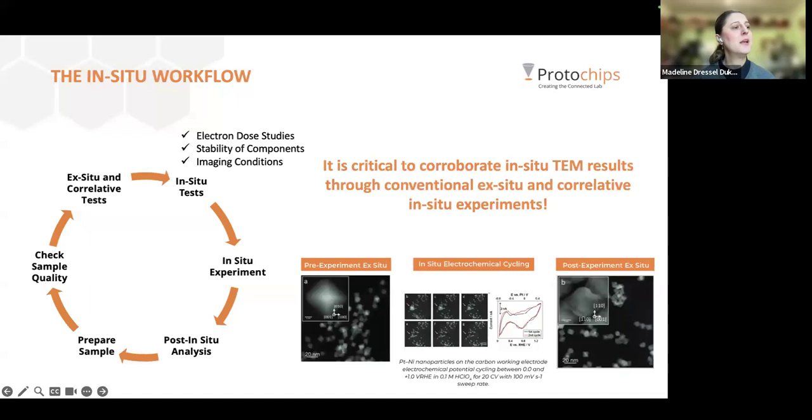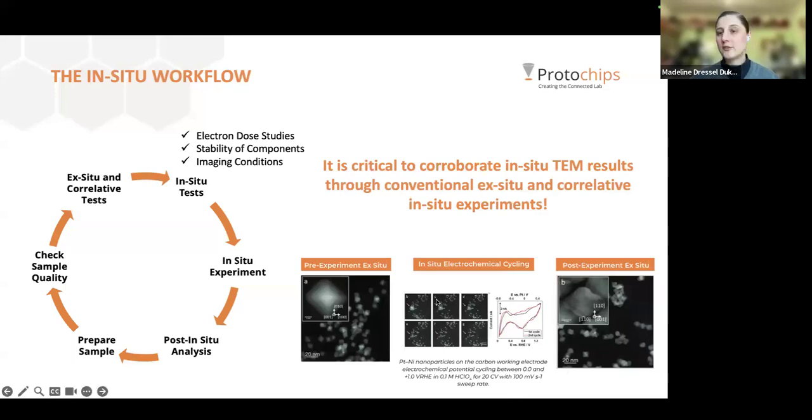So this is a nice example here of looking at a commercial fuel cell catalyst where they've done very nice high resolution characterization of the material before it goes into the in situ cell. Then they prepare their in situ cell. They're doing their electrochemical cycling. They're watching, in this case, the coarsening and the sintering of these particles as a function of the cycling times.